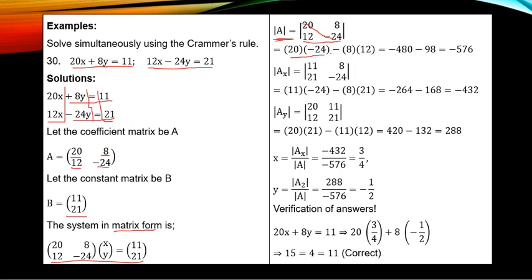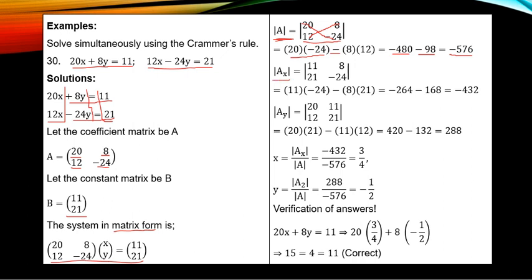The difference is minus the other diagonal, 8 times 12. So you have minus 480 minus 96, and that is minus 576.